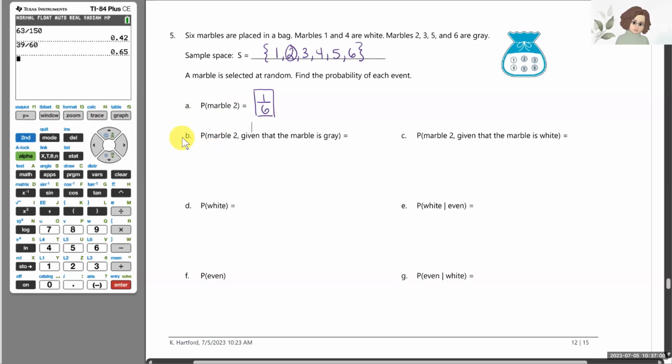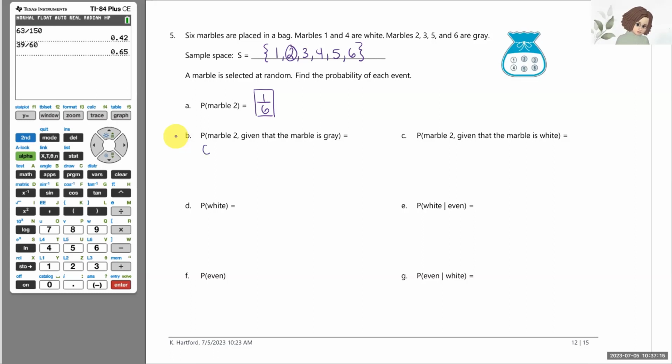All right. And then what's the probability you pick marble 2, given that the marble is gray? So that given that is telling you that you know the marble is gray. So I'm just going to write my gray ones here. The condition tells me I'm only looking at marbles 2, 3, 5, 6. So there are 4 gray.